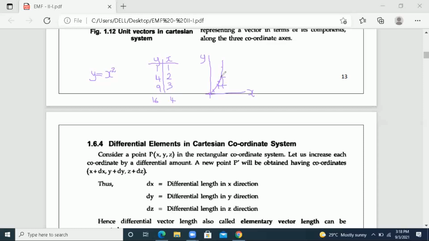That means x was 2. If you change x by 0.1, the value of y would be 2.1 squared.